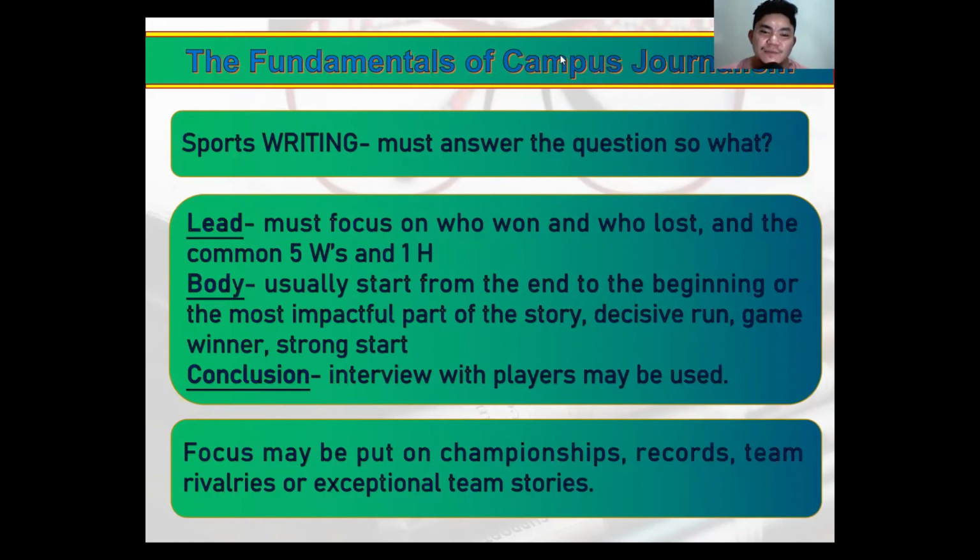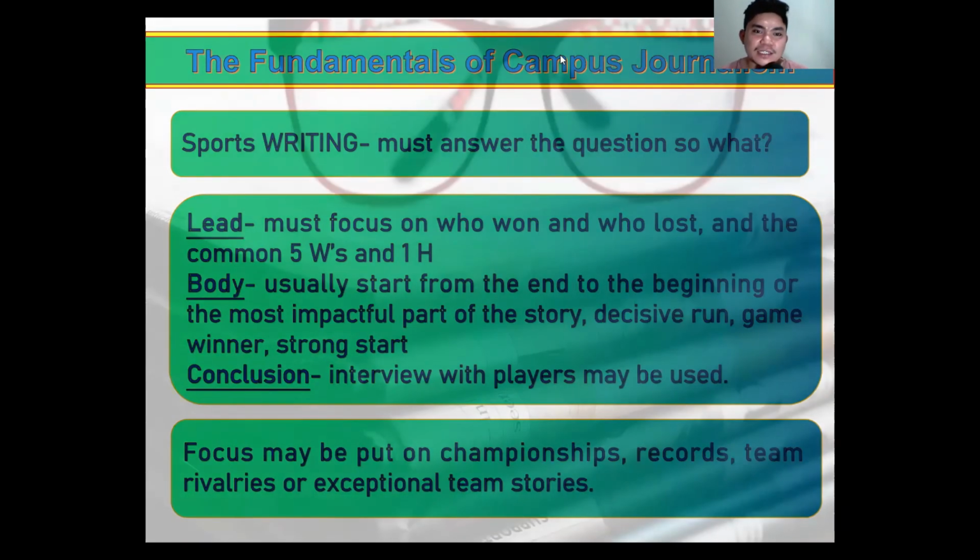Now, exceptional team stories. If you are really following this team, you'll be able to have those exceptional team stories from zero to hero. That could be one angle there. From underdog to crowd favorite, right? You may focus on those things.